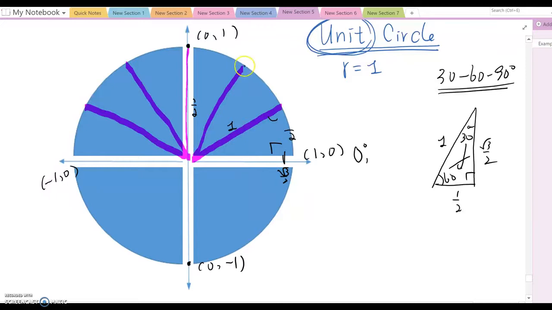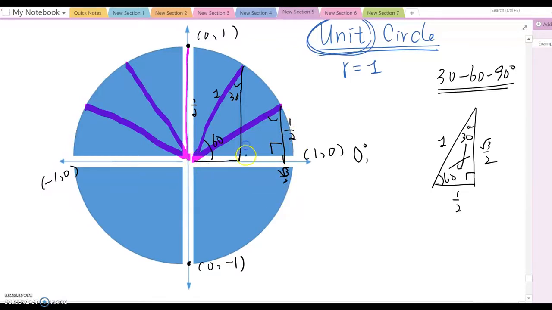Okay? Now let's move on to the 60 side here. If I draw a vertical line right here, then this is still equal to 1. Because this angle becomes 60, there will be 30 here, right? Before it was 1 over 2 and root 3 over 2. Now it becomes opposite.